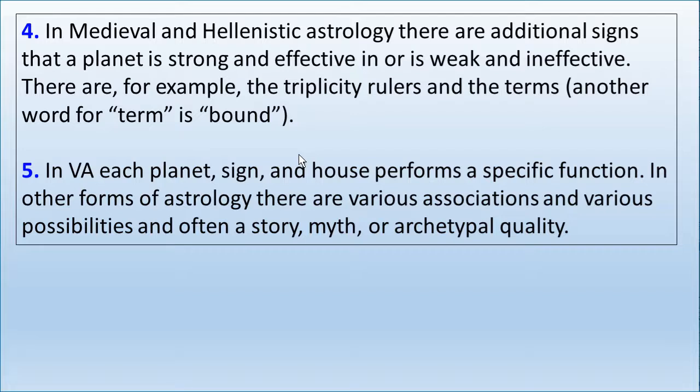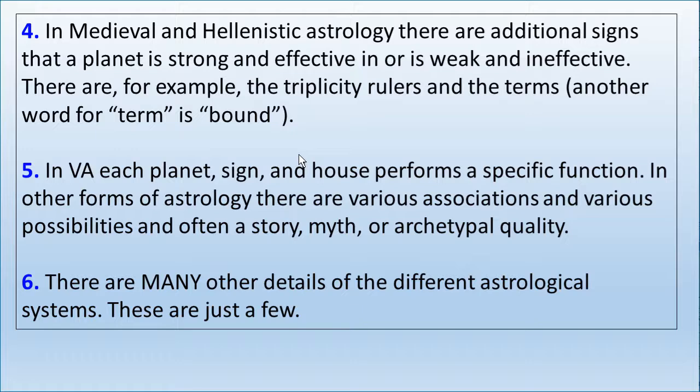So Venus is attraction to beauty in VA. In other forms of astrology, Venus can be art, it can be sociability, it can have associations with different things. In VA, we see that each planet performs a function, and the connection of Venus with art is a symptom or manifestation of the basic process.